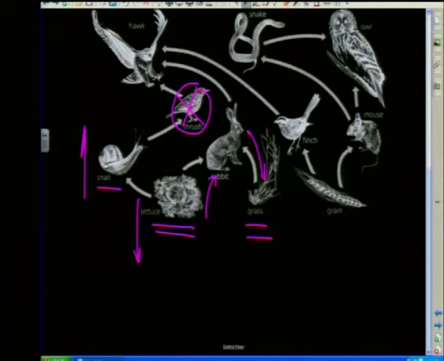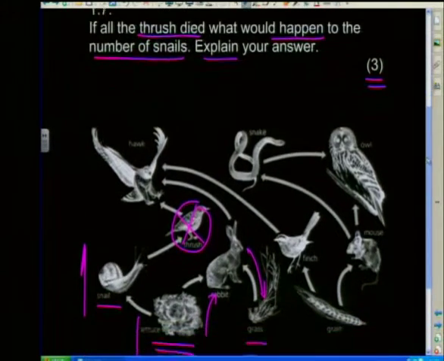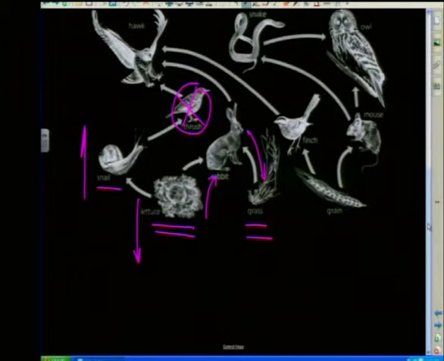So the question again would be, if all the thrush died, what would happen to the number of snails? Explain your answer. So the snail population would increase, and what would be the effect of an increase in snail population?